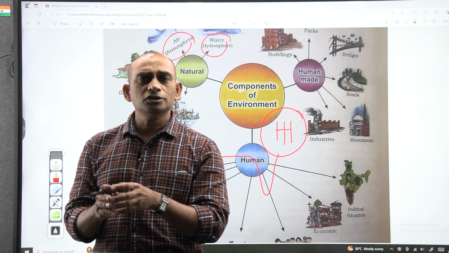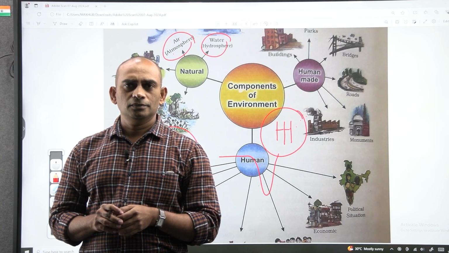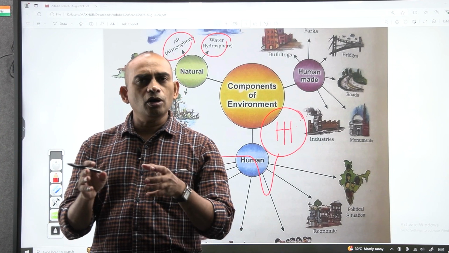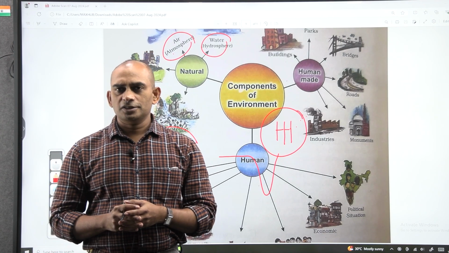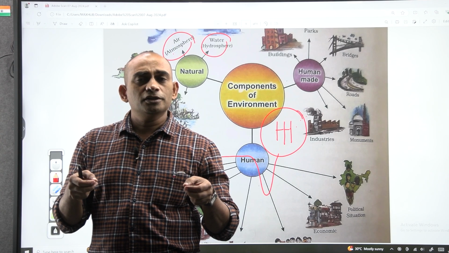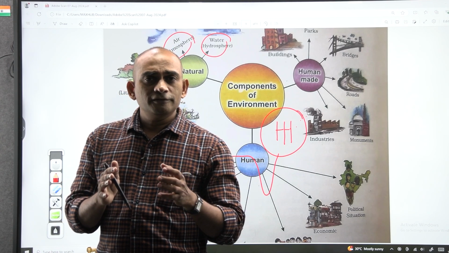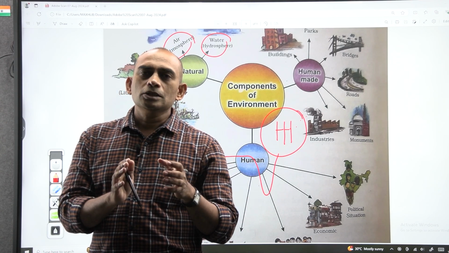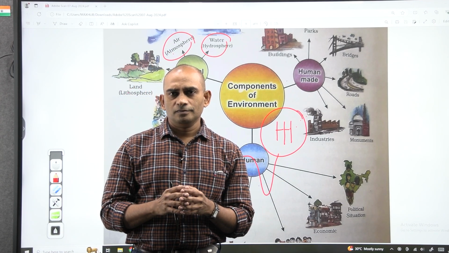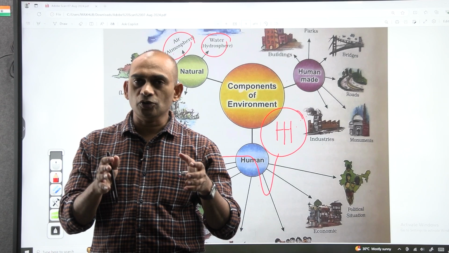Temperature, rainwater, all these things. And chemical factors: oxygen, pH, nutrients, all these are part of chemical factors. So what they do? They link with the transfer of material and also energy.